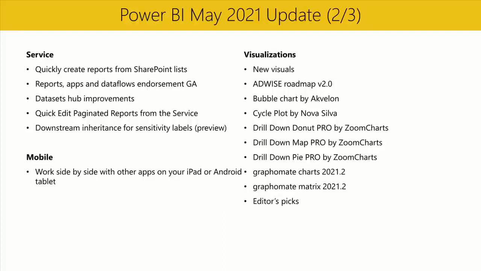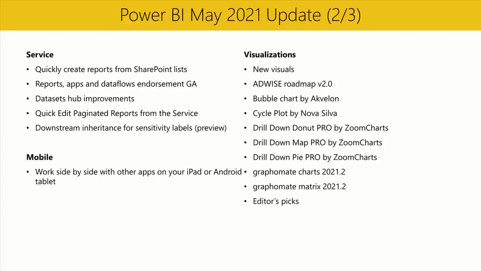We're also releasing improvements to the Dataset Details page in the Datasets Hub. With this release, we're adding more metadata and more actions that you can perform from the Dataset Details page. With the new Tables view, you can see the dataset's tables, columns, and measures all as a part of the Dataset Details page, eliminating the need to open a dataset in Power BI Desktop.